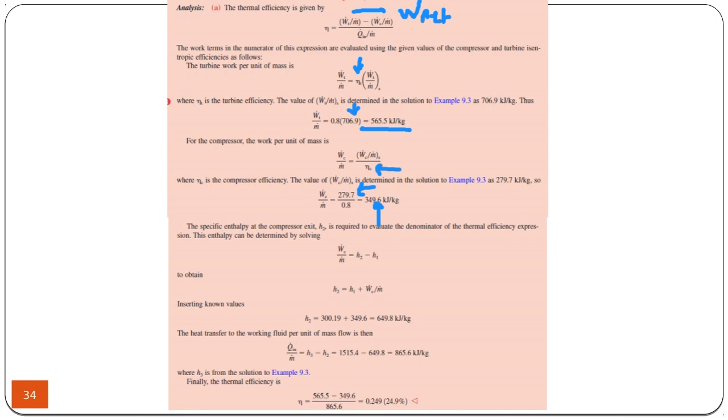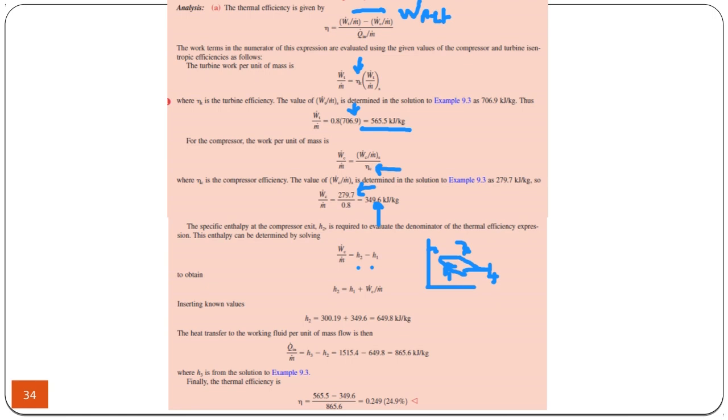The compressor work is obtained from H2 minus H1. Remember this. So this is 1, 2, 3, 4. So in the compressor, you calculate the compressor work as H2 minus H1.